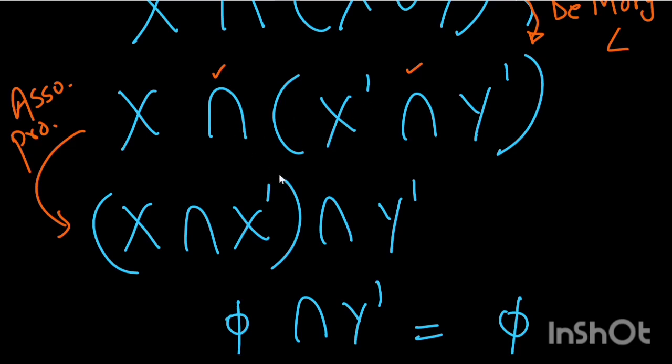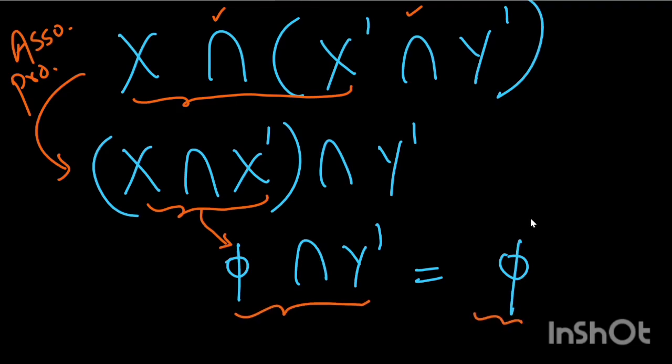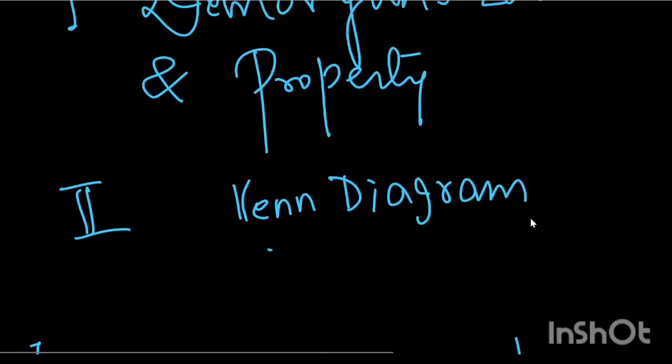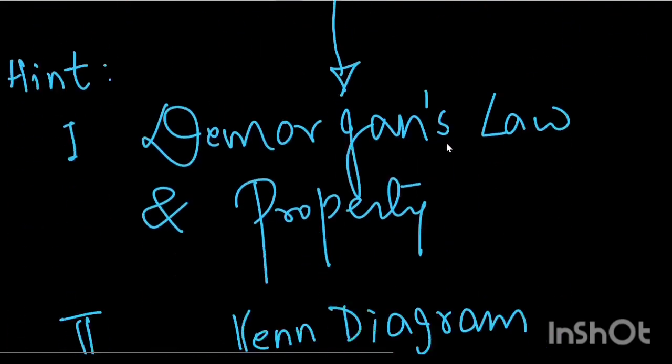So we will associate X intersection X' in a bracket and separate it from Y'. X intersection X', we know they are complements of each other. By nature they are disjoint sets, so their intersection is phi. Now we know that phi intersection with any set is phi only. So the answer is phi, which is option C.